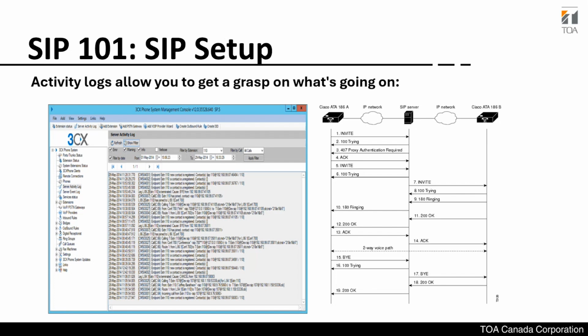The SIP server replies with trying and requests the authentication. If it's acknowledged, it will invite the other endpoint. The other endpoint will reply back with trying and ringing, and the SIP server sends a ringing request to the other endpoint, and if they reply okay, the connection is established.